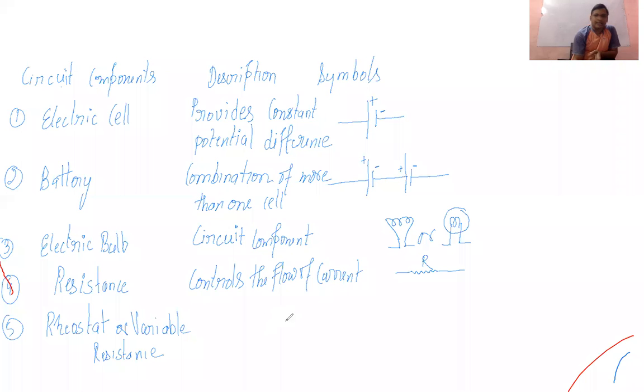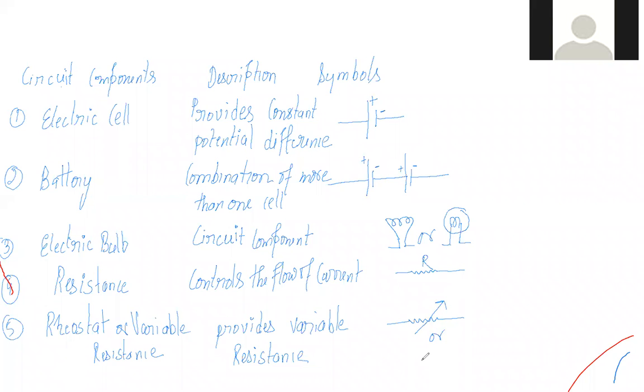What it provides is variable resistance, and the symbol of this is like this, or you can make it like this.